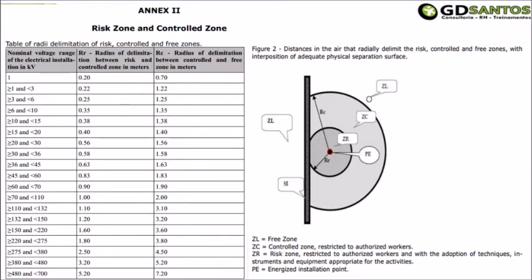The distance between the risk zone and the control zone shall be 70 centimeters.